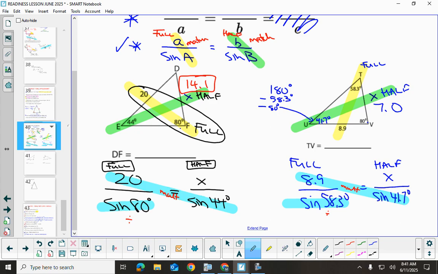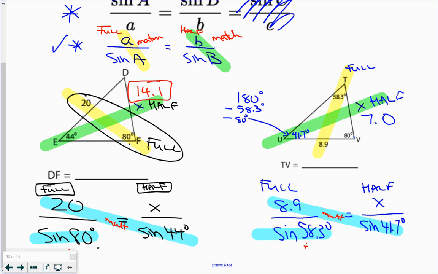Here, 8.9 went with 58.3. 7 goes with 41.7. So the bigger the corner, the bigger the side. The smaller the corner, the smaller the side. Okay? So again, opposite, adjacent, hypotenuse does not matter. We don't have to worry about that at all. All you have to look at is full sets and half sets. That's it. Questions on that? So a full set and a half set.